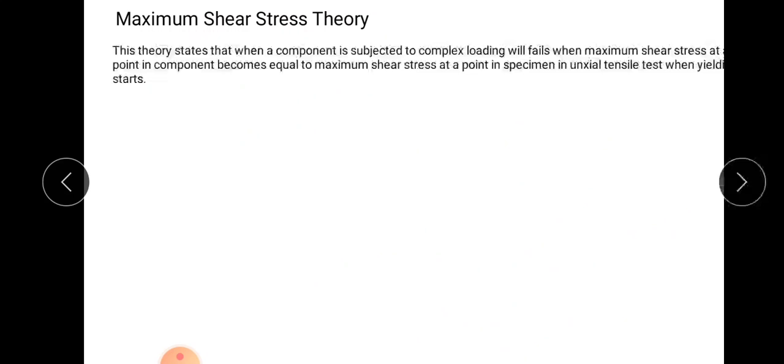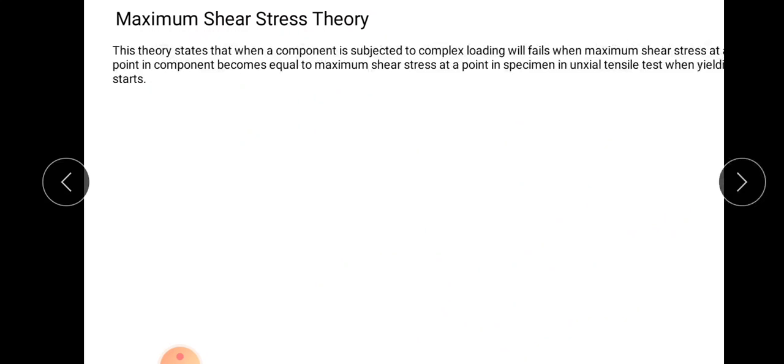This theory states that whenever a component is subjected to complex loading, a combination of loads, shear and normal stresses, or biaxial or triaxial stresses, whatever it may be, that particular mechanical component will fail when the maximum shear stress at a point in the component is equal to the maximum shear stress at a point in a specimen in a uniaxial tensile test when yielding starts.